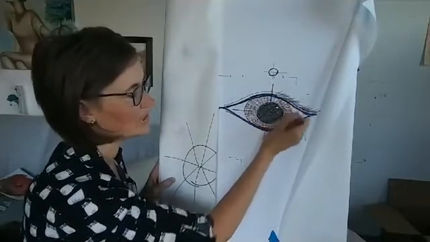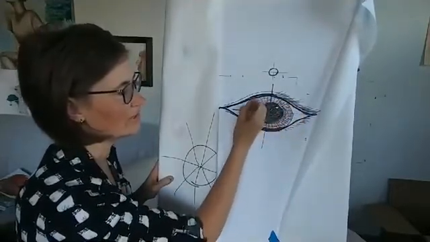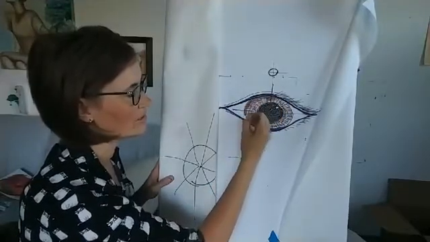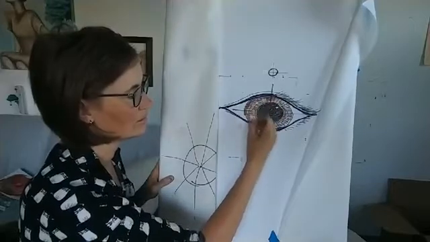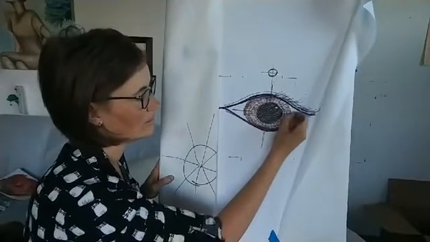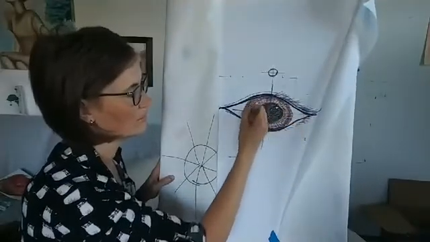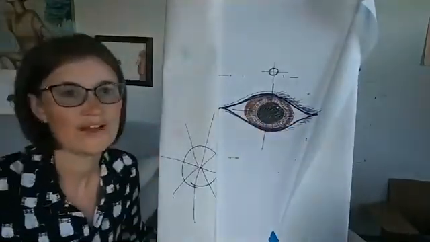And the last thing we're going to do is make it a little bit darker right here. You can look at someone's eye, and it really does get darker around the edge. And there you have an eye.